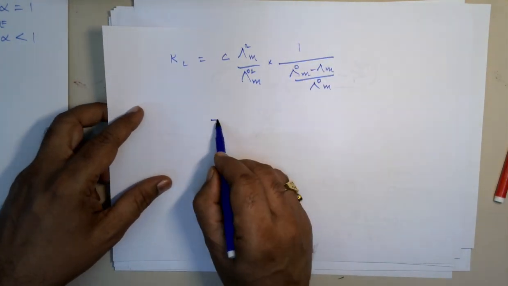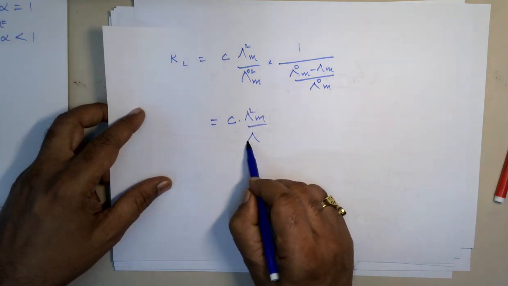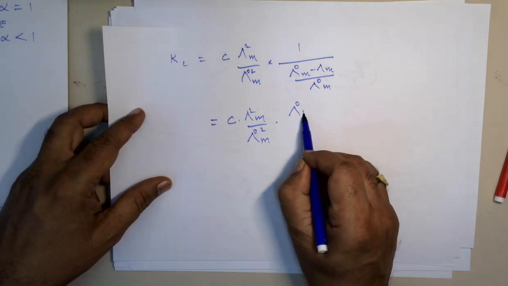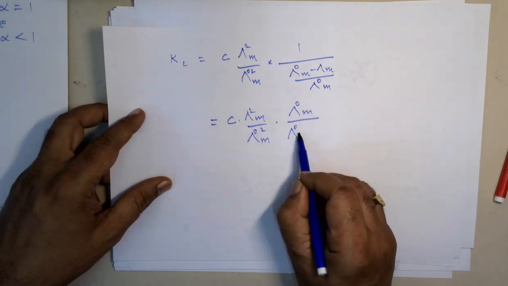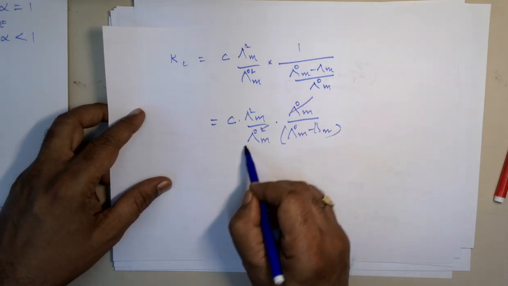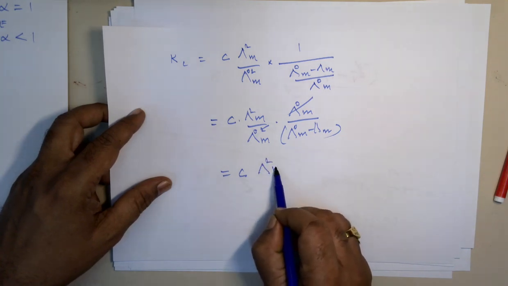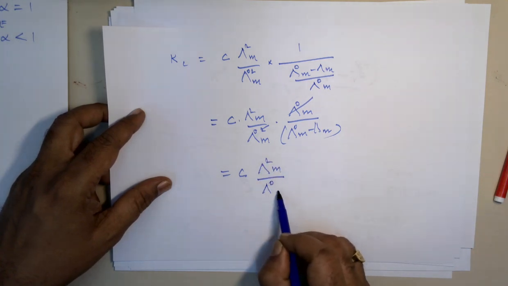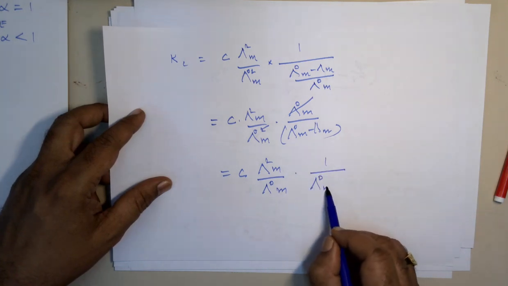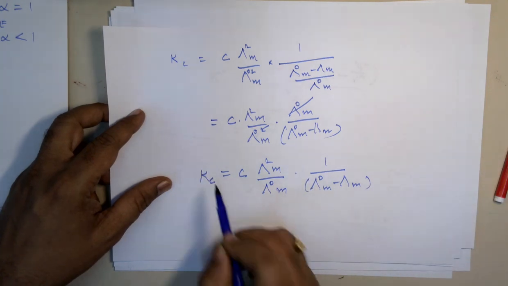You can reciprocate and cancel. So C into lambda squared m divided by lambda naught squared m, into lambda naught m divided by lambda naught m minus lambda m. You can cancel this, and you get Kc equal to C lambda squared m divided by lambda naught m into 1 divided by lambda naught m minus lambda m.